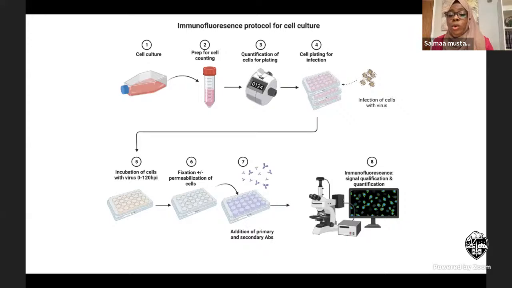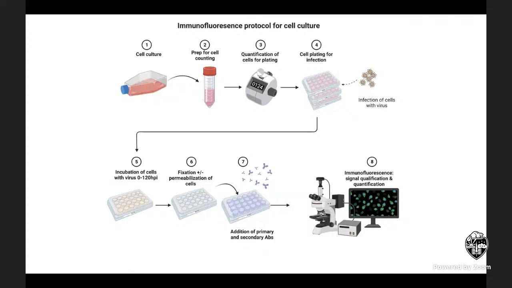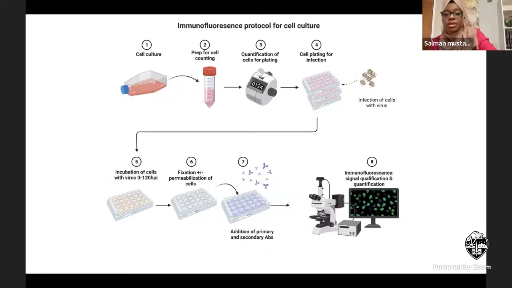But I think with more sophisticated fluorescence microscopes like the Keyence, it helps you. There are some calculations that help you subtract autofluorescence signals from your actual signals. So there's a way.